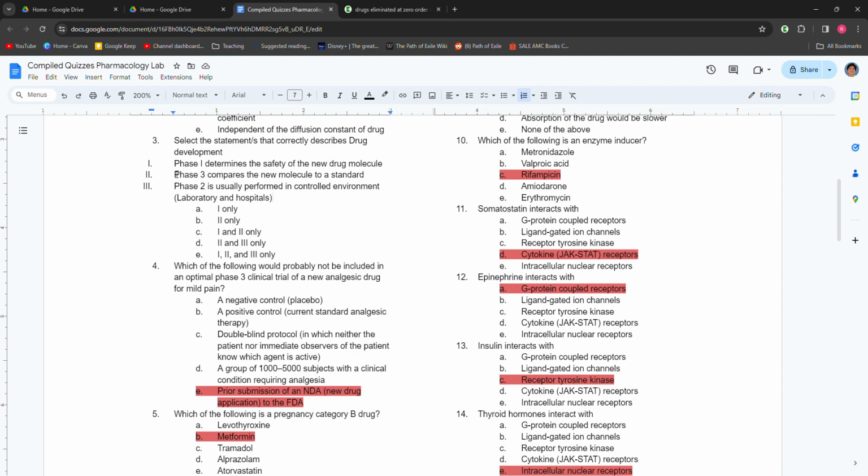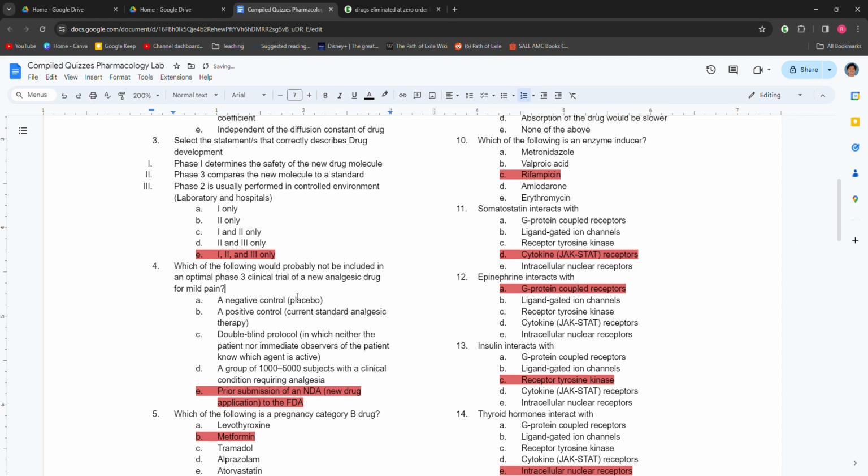So any choice with statement 1 or 3 are correct. So either that's A and E. So here the answer is letter E, because it is the only choice which contains both statements 1 and 3. So the answer here is letter E.